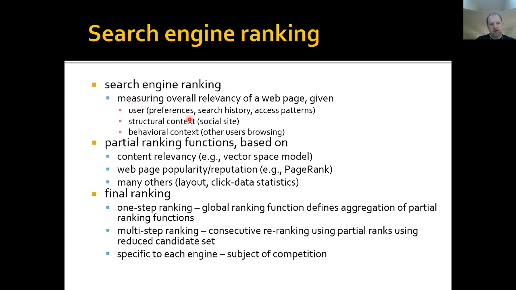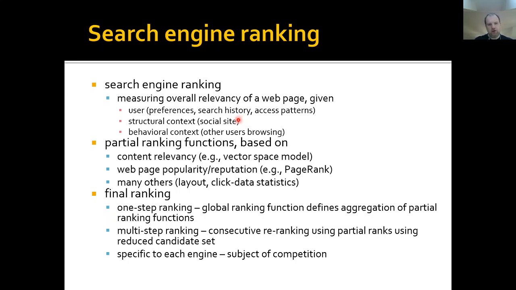The structural context is associated with the application and with the environment. In the easiest environment there are just collections. There is no context. But the next step towards a greater structural context is the graph. So the web graph was a very low level context that involved the structure of the web graph.